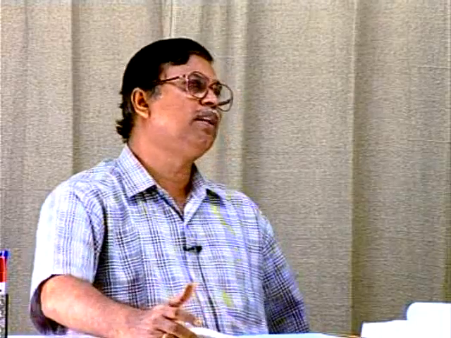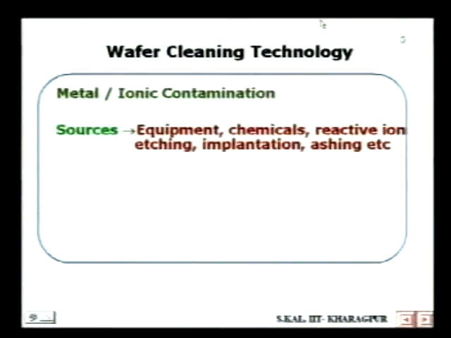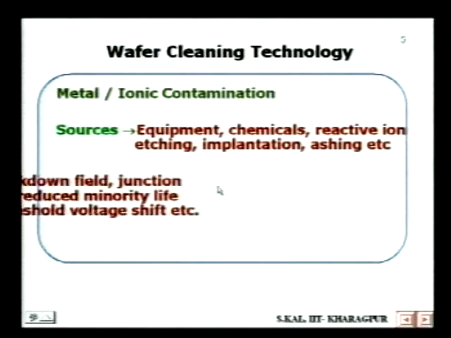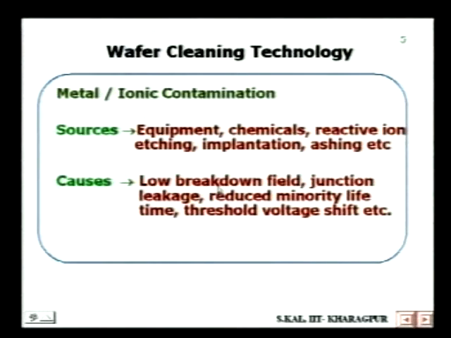Chemicals obviously can be a source, and when you are implanting with a certain dopant, from the implantation machine some other metallic or ionic contamination may enter the substrate along with the dopant. Now, what are the effects? Then we will come to how to remove those ionic or metal contaminations.